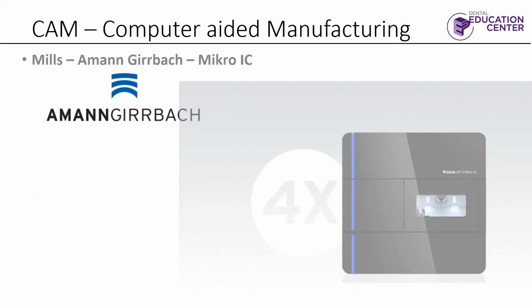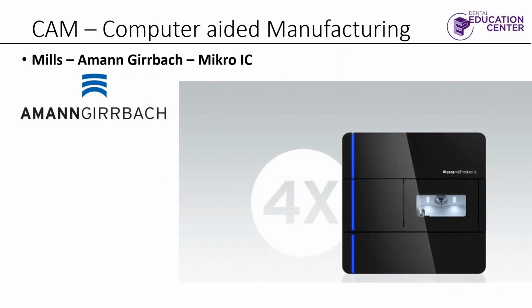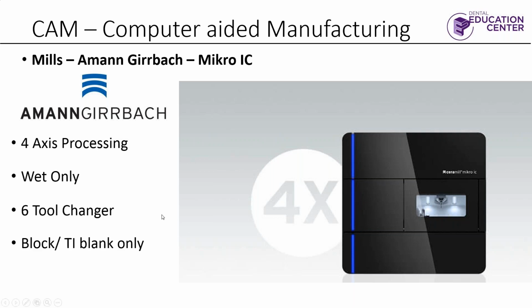We're going to start with Amann Girrbach. This is their 4-axis Micro IC. This is what their definition of a chairside mill is. It is a wet process only, 6-tool changer. It does blocks and titanium abutments. Very capable, with a 100,000 RPM spindle. Again, block machine.